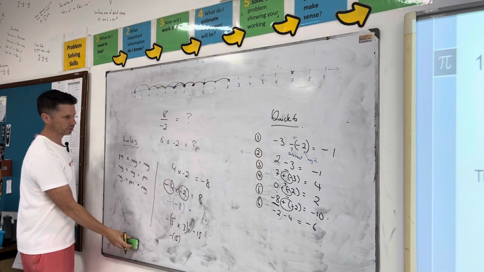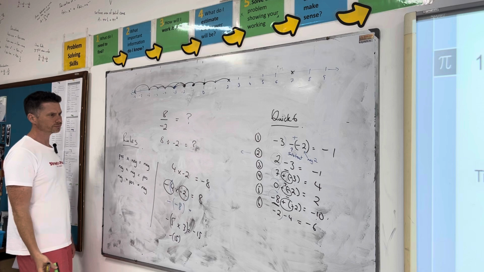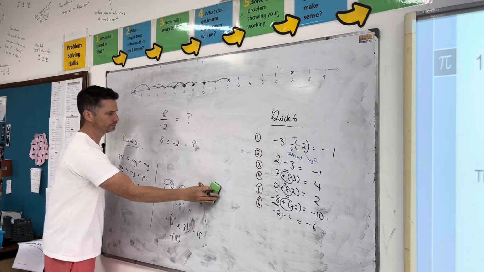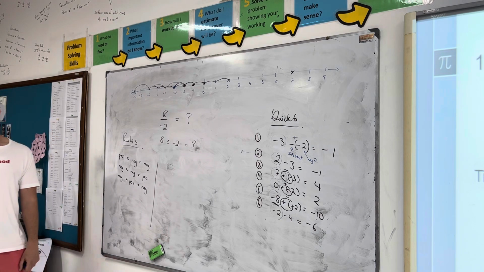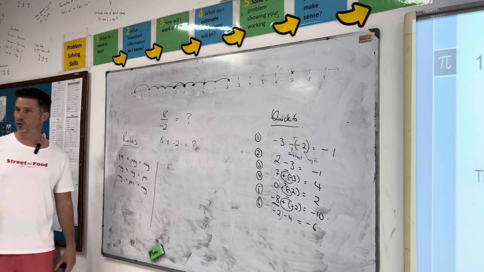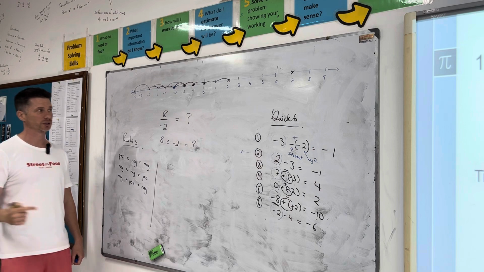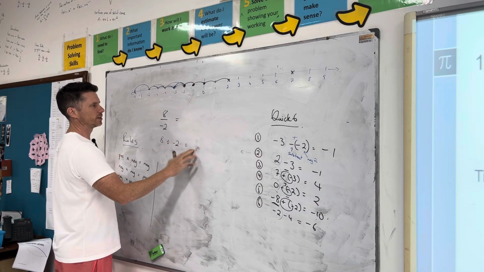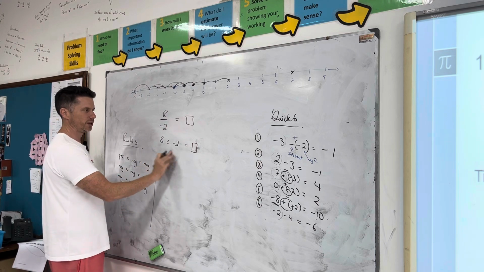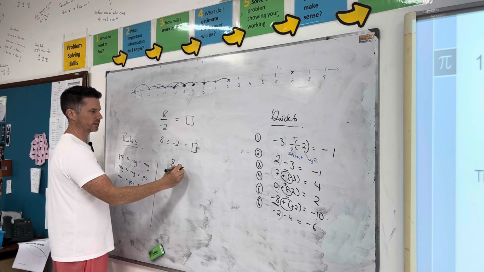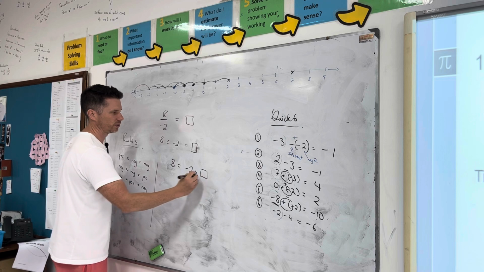Okay, we have some answers from around the room. Negative 4. Okay, how do you know it's negative 4? Because it was the same as the multiplication. Because division is the opposite operation to multiplication, it has to work in opposition. So let's say instead of a question mark, I put a box here. And then I rearrange this one, because the same question can be answered this way.